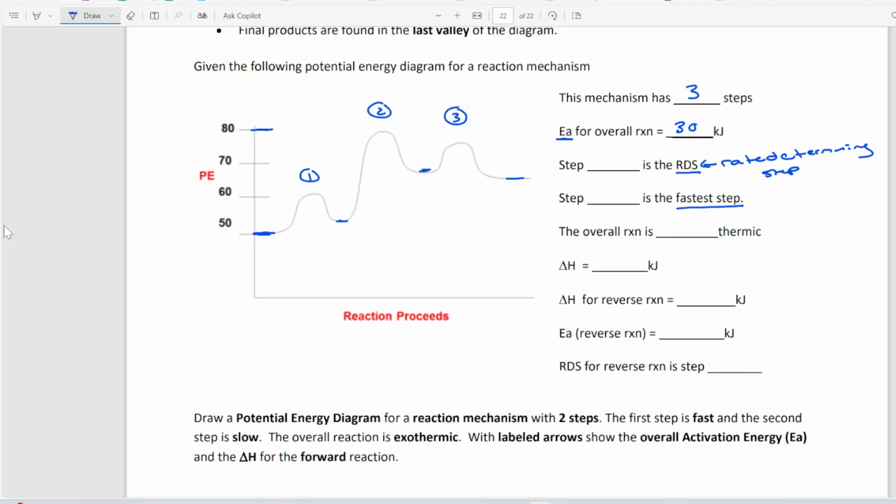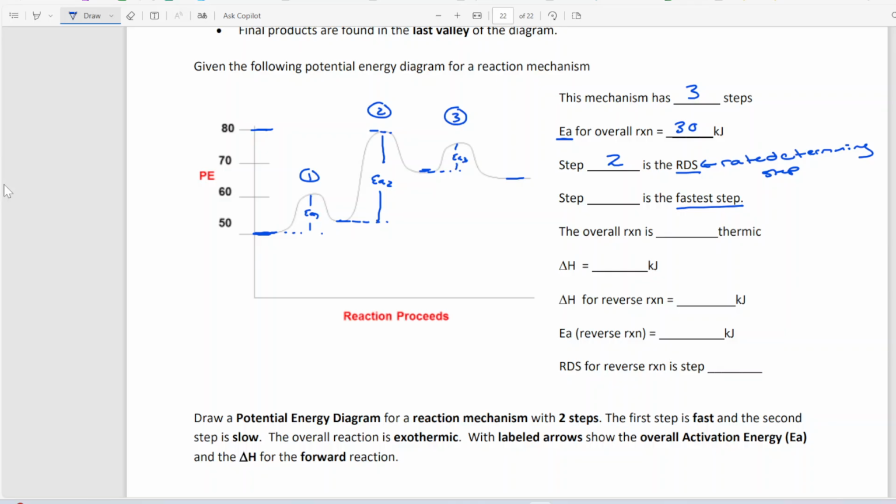And which is going to have the lowest activation energy? That's going to be your fastest step. You can see that step 2 would be my rate determining step. The activation energy for step 2 is all the way from here to here. So this is EA2. Whereas EA1 is going from here to here, and EA3 is going from there to there.